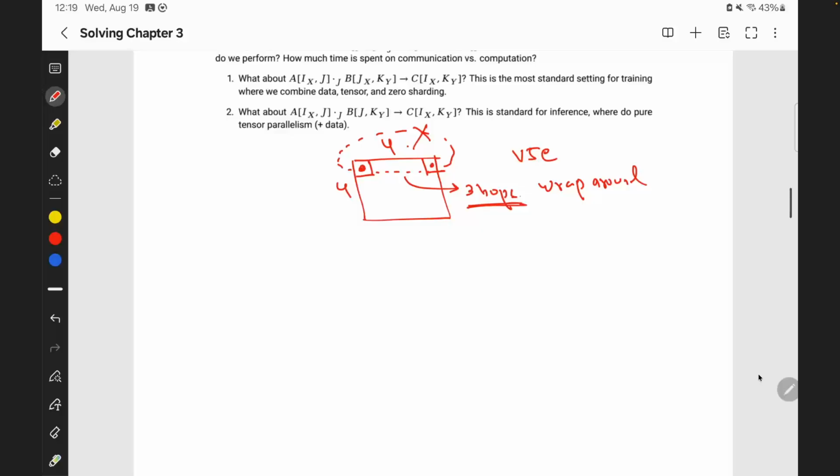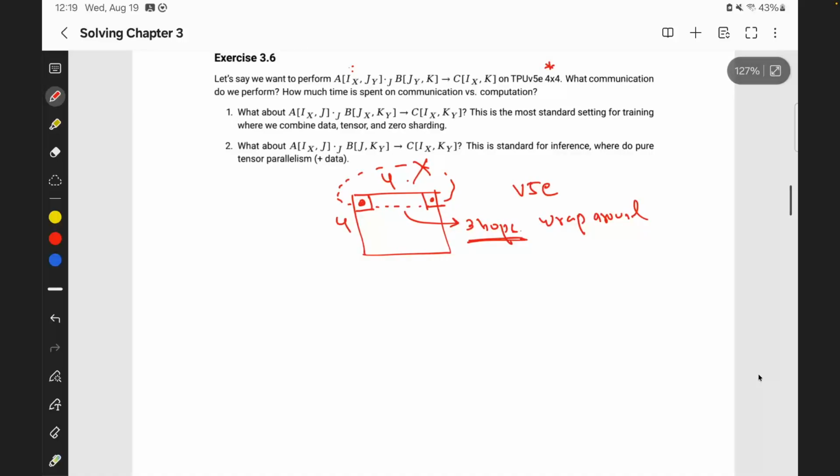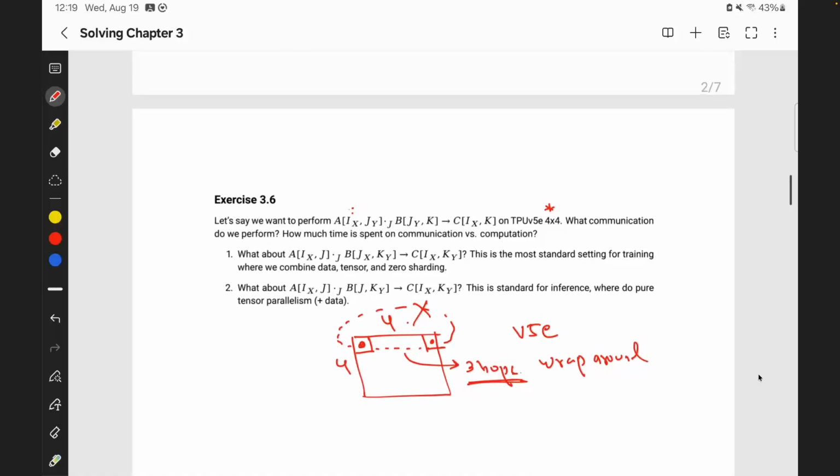So for our strategies, we have two strategies. Here you can see that these two dimensions, the contracting dimensions, are sharded, and also this is sharded. But the good thing is that here we don't have to fully replicate it. We don't have to all gather the results here.